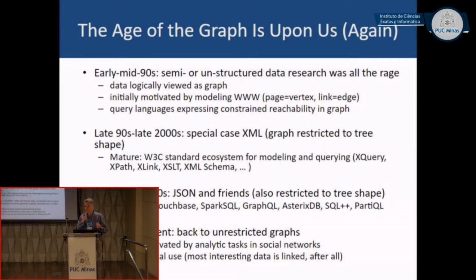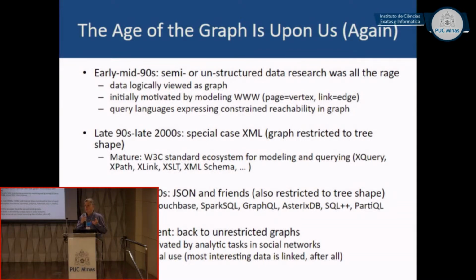And that was the first instance of excitement about unrestricted graphs, which at the time were simply motivated by modeling the World Wide Web. The nodes of the graph were the pages, the links between pages were modeled as binary edges, and we were typically interested in answering reachability queries between these nodes.